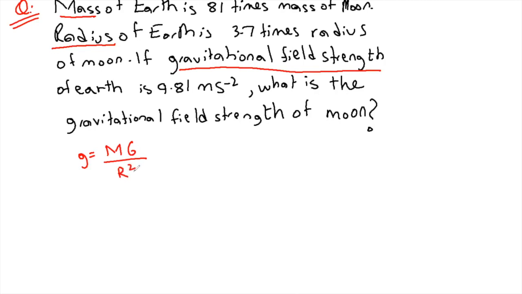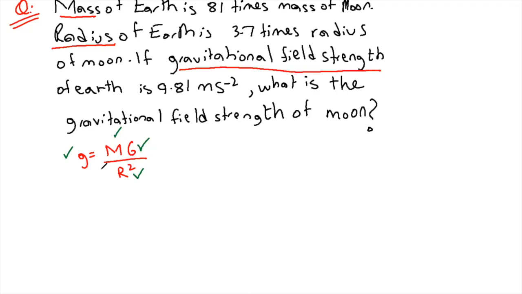I have the radius, I have G, I have M, and G is a constant, everyone knows the value. This means this formula is the most suitable compared to all other possible formulas.